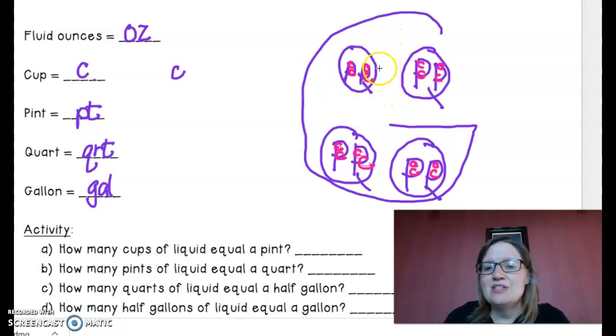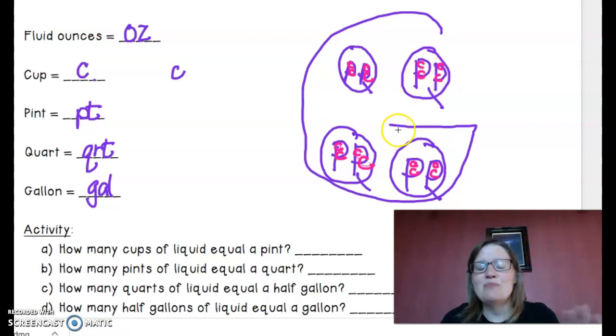In the past, I've had students make up little stories about how there was one kingdom that had 4 queens, and with each queen there were 2 princes, and each prince had 2 cups. You can make up your own story for this, but it's helpful to remember.